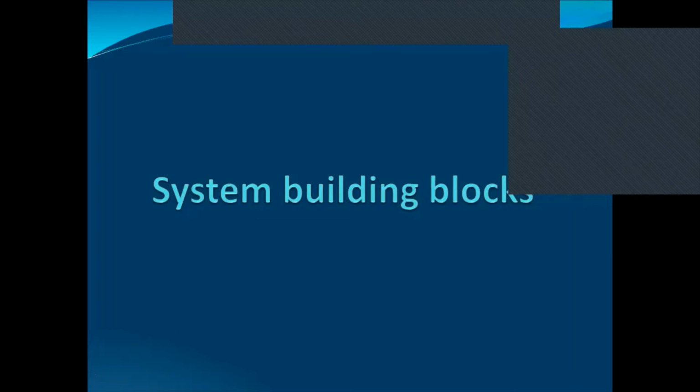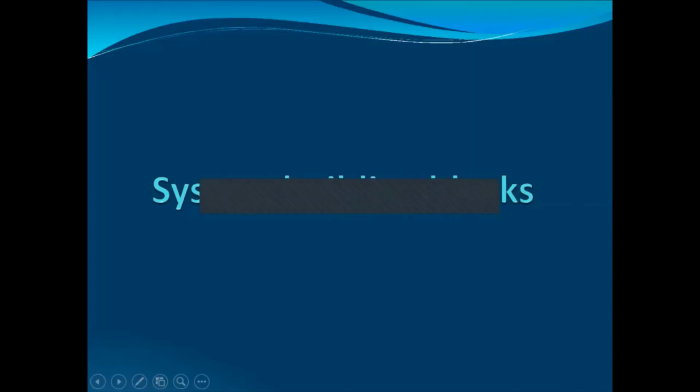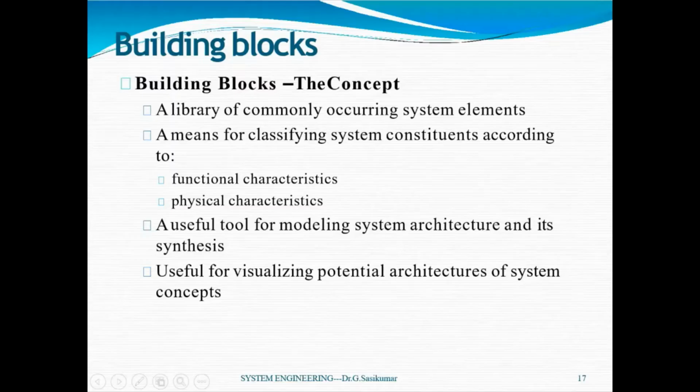So what are the other features we are discussing in Unit 2? What are some of the features of system engineering building blocks? The building blocks have a different concept. As we discussed, the building blocks concept has a library of commonly occurring system elements.